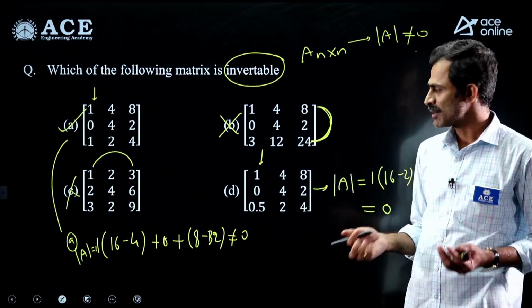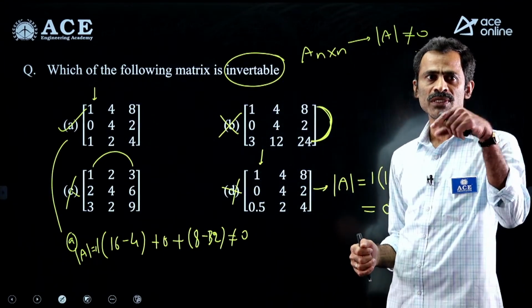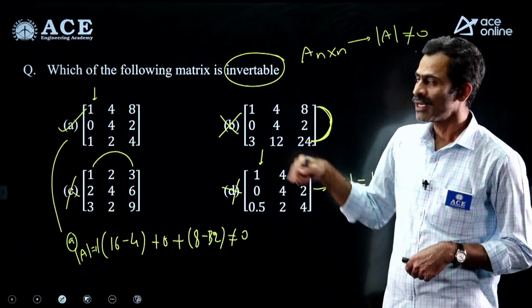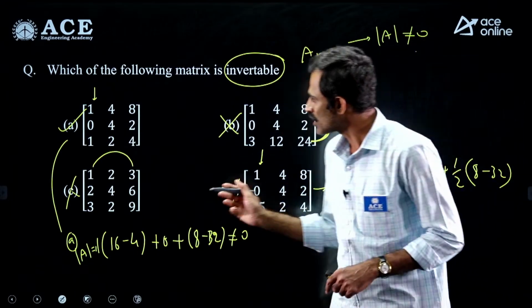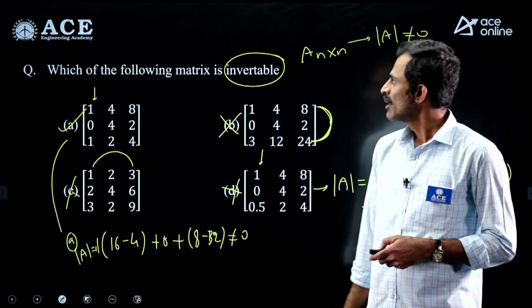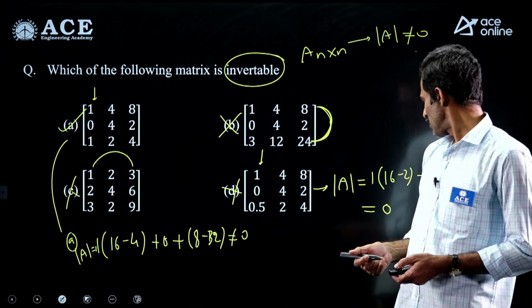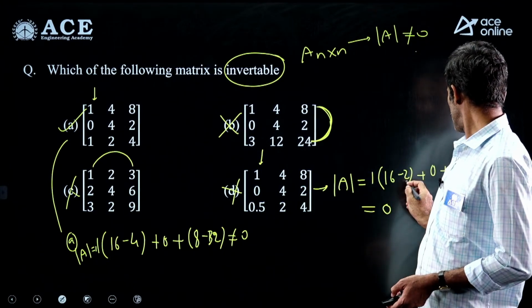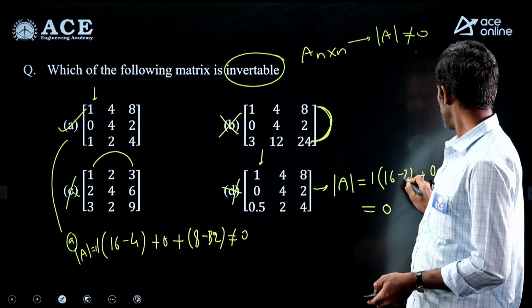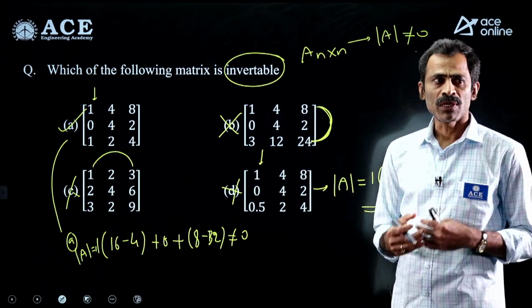Singular means the inverse does not exist, so not invertible. This is also wrong because we are asked to choose only the matrix which is invertible, that is, non-singular. So out of all these options, only one option is non-singular, so it is the correct answer. With this, the problems on mathematics are completed.